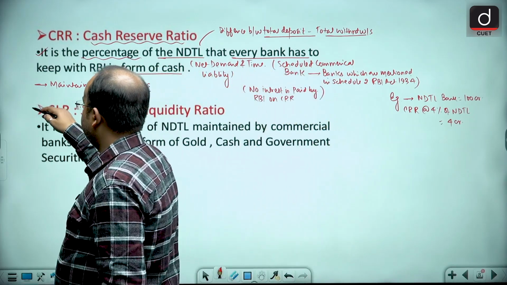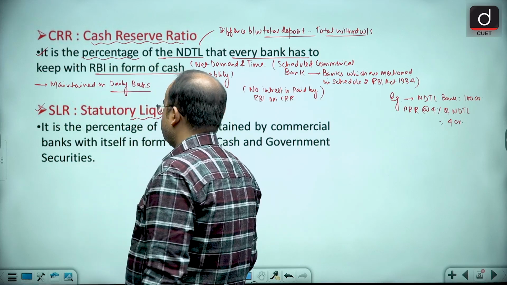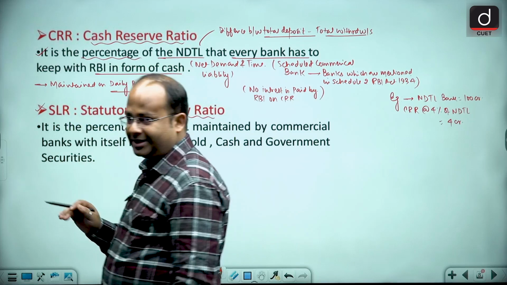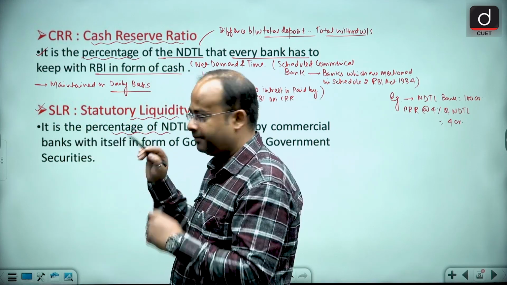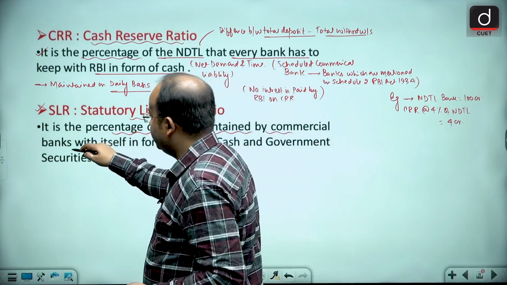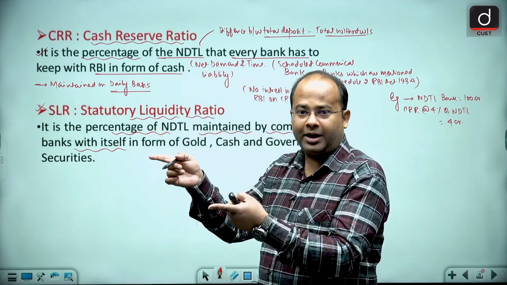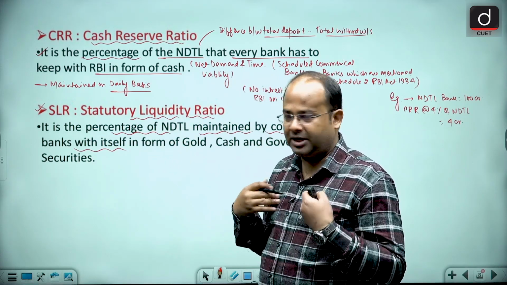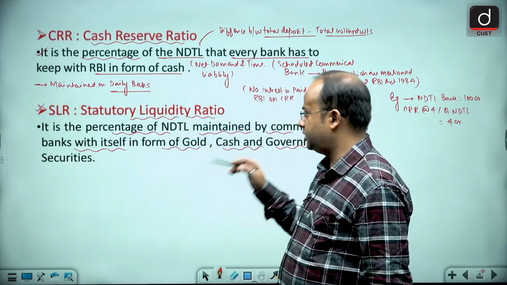Next is SLR. SLR means statutory liquidity ratio. Statutory liquidity ratio, guys, is a percentage of NDTL, again the same thing, which is maintained by scheduled commercial bank with itself. So SLR is maintained with itself, not for RBI. It is maintained in the form of gold, cash and government securities.